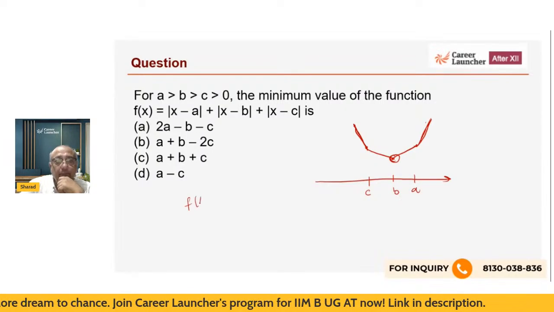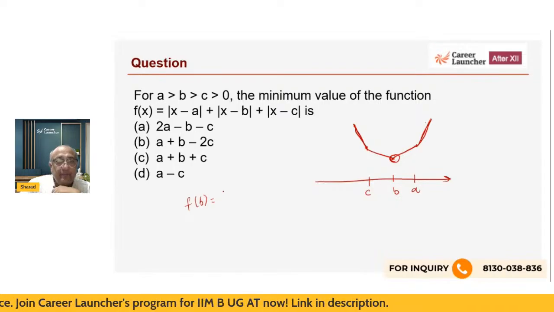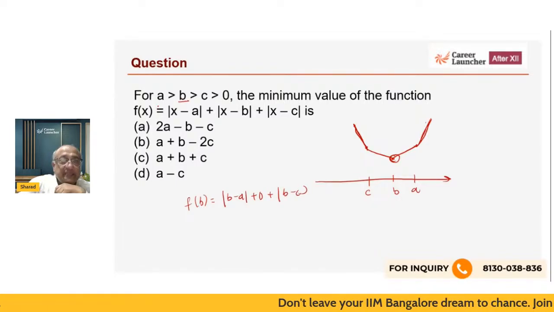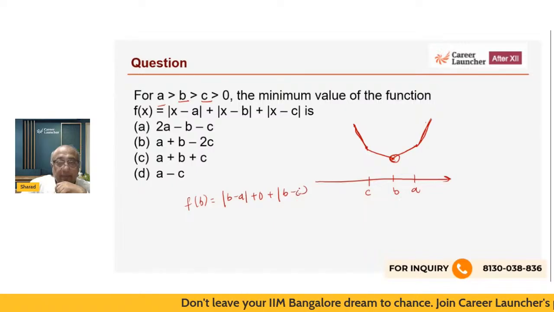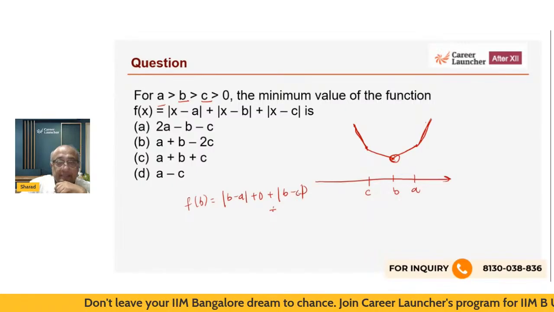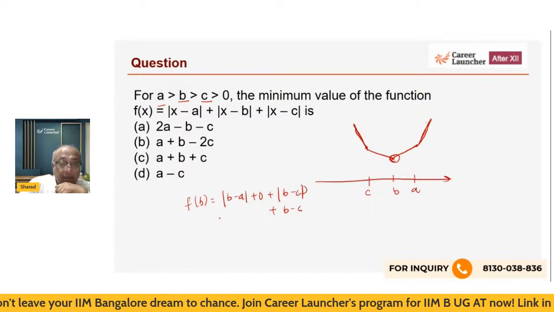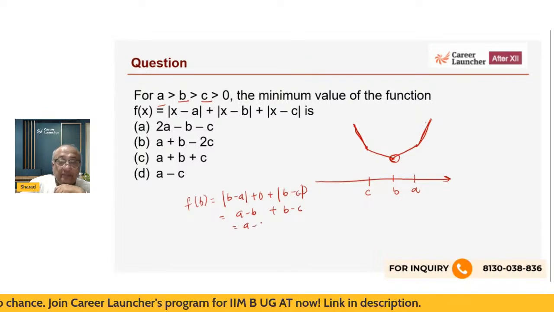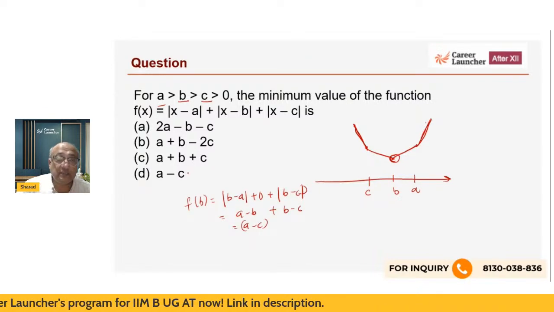Compute f(B). f(B) is equal to b minus a plus 0 plus b minus c. Please remember, b is less than a and b is greater than c. If b is greater than c, b minus c will be b minus c. But here the sign will change. It will be a minus b. So what will be my answer? A minus c. So simple.